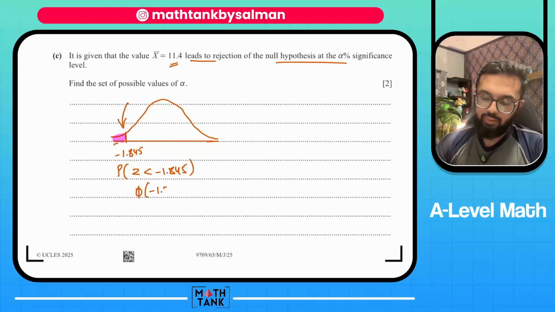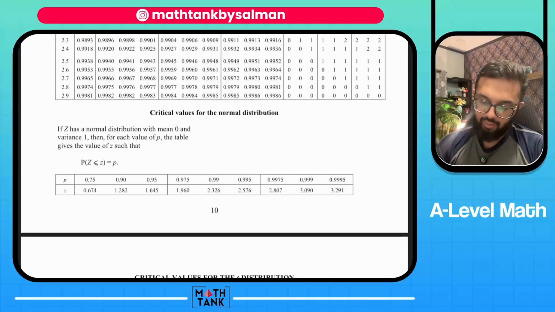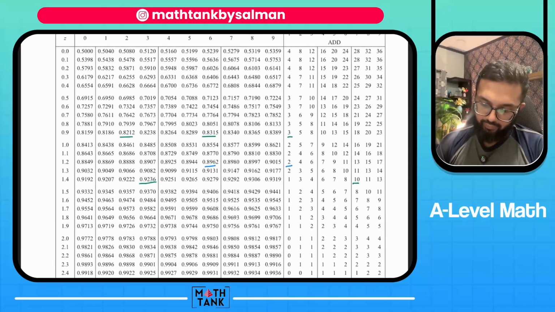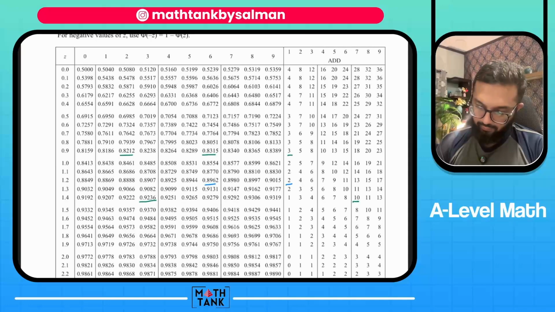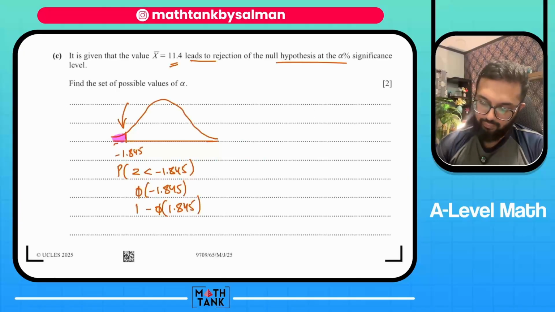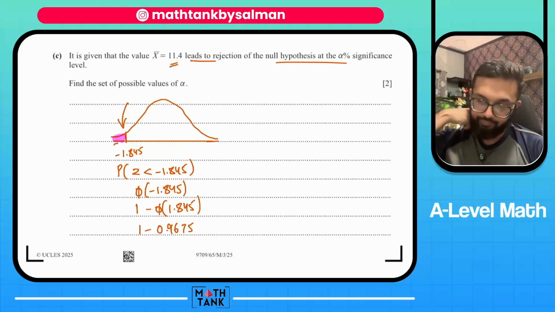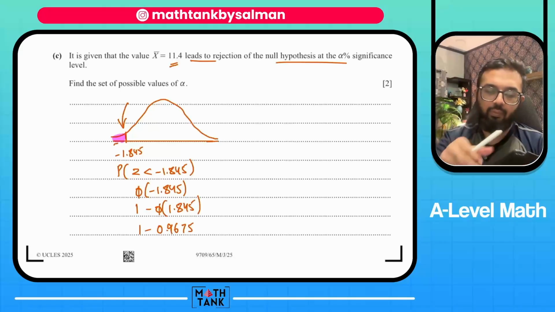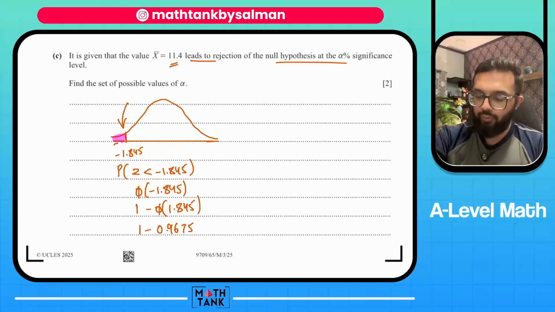Okay, minus 1.845, 1.84, 5, 0.9675. So 0.0325.